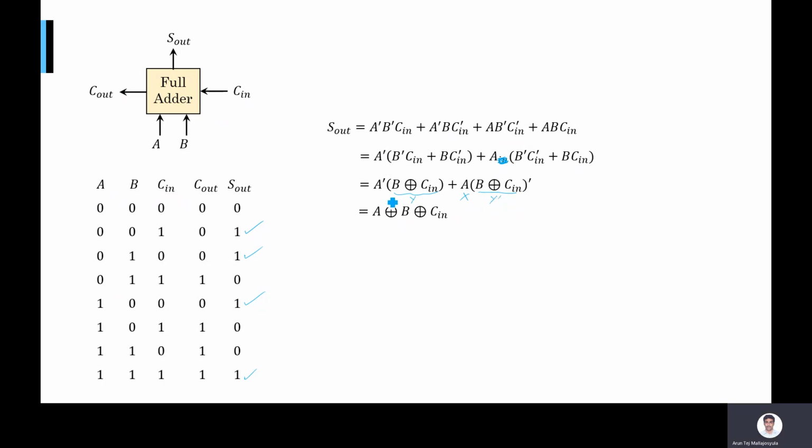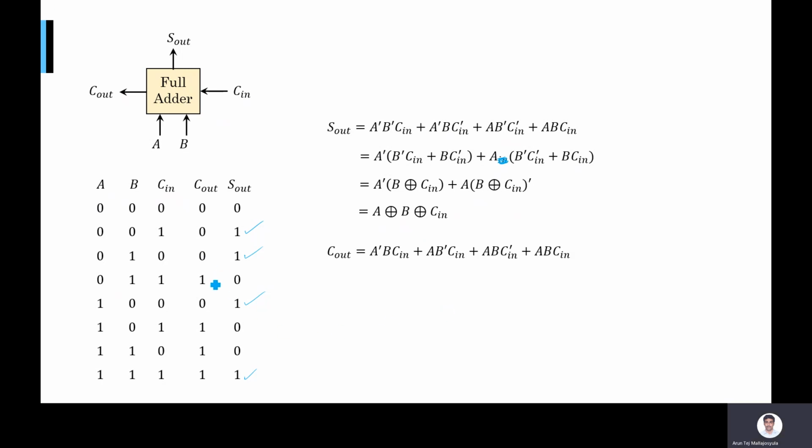So XY dash plus, this will be A dash, which is X dash. So XY dash plus X dash Y, which is XOR. So I can write my sum as having 3 inputs with 2 XOR gates, A XOR B XOR C.